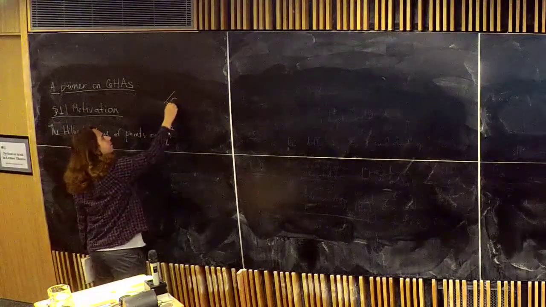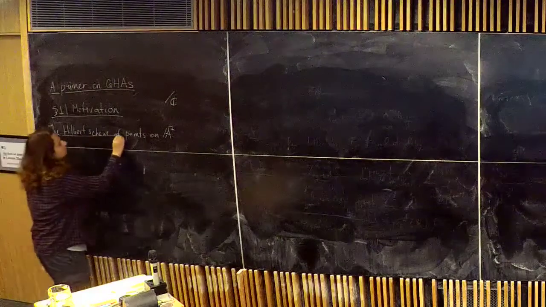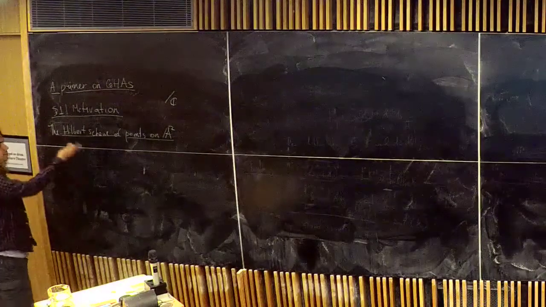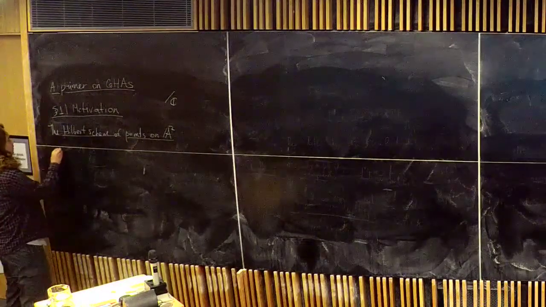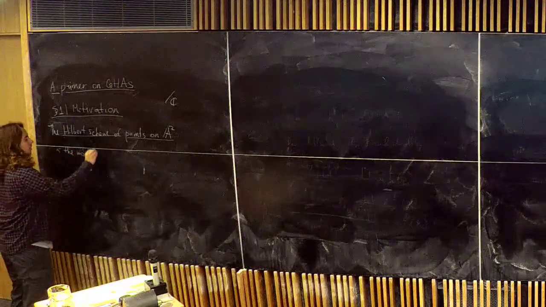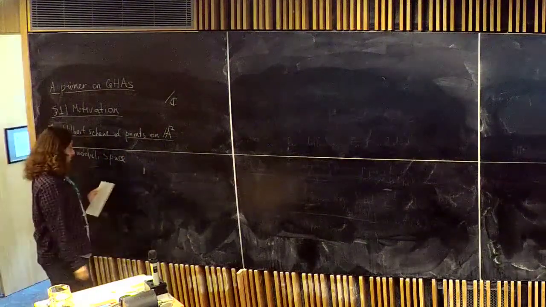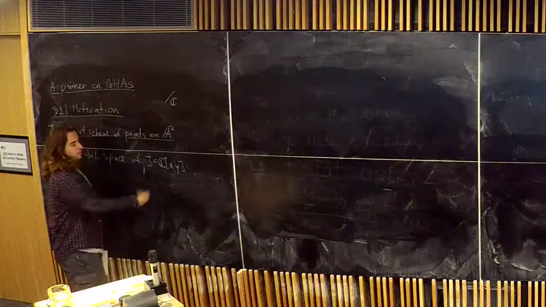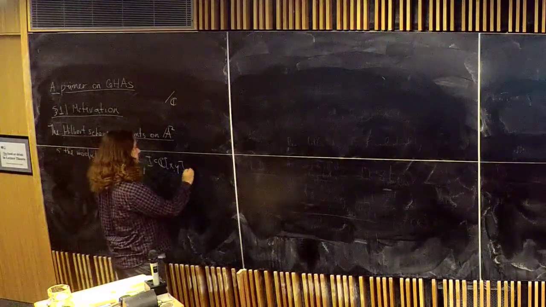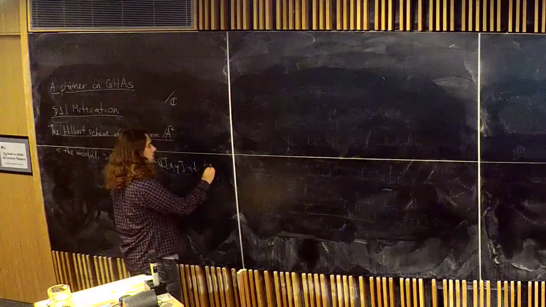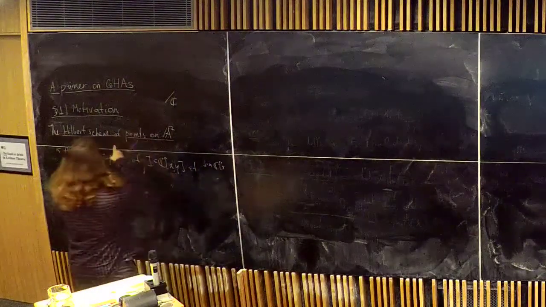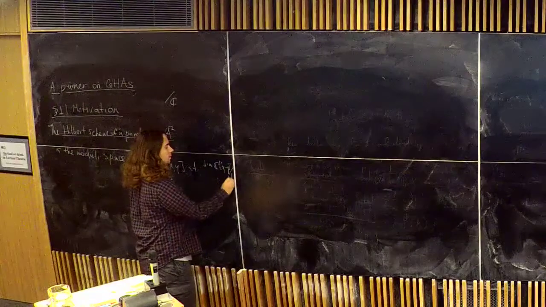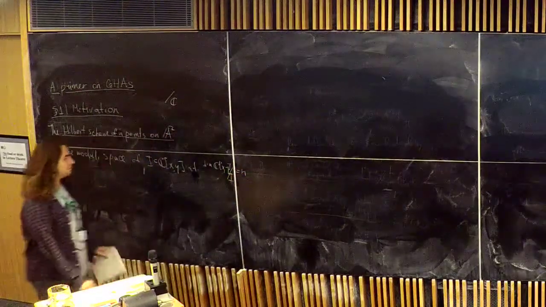So for the moment we are working over C. So the Hilbert scheme of points in A^2 is just the moduli of ideals in the ring of polynomials in two variables, such that the dimension of the quotient is equal to n.